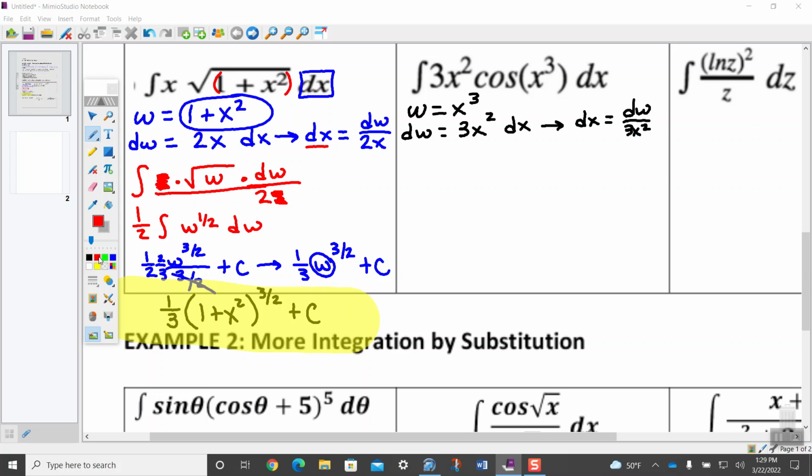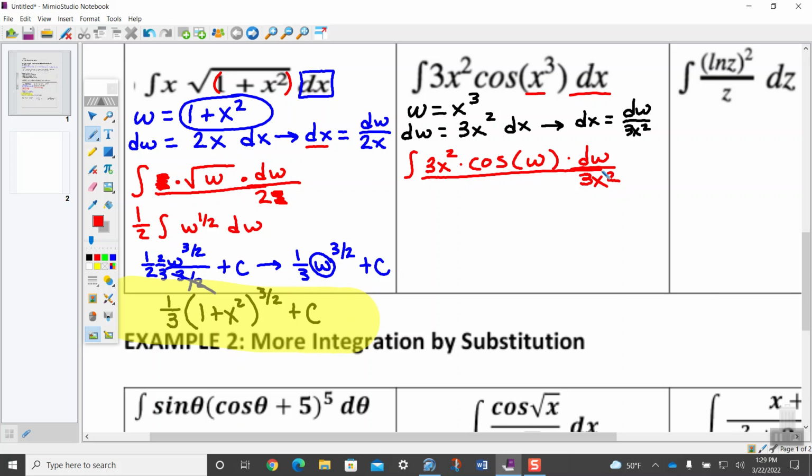This becomes the antiderivative of 3x squared, that's not anything, so I'm just going to put 3x squared here, times the cosine of, is there anything that can replace x cubed? w. x cubed is w, so the cosine of w. And then what can replace the dx part up here, kids? dw over 3x squared. So we replace the x cubed with w, the dx gets replaced with dw all over 3x squared. But keep in mind, this is the whole thing over 3x squared.